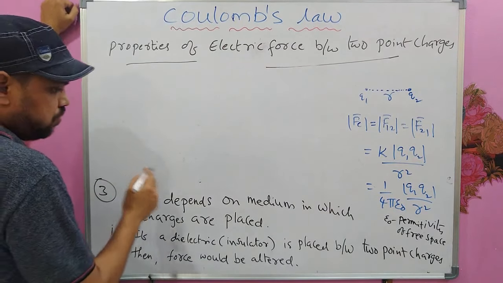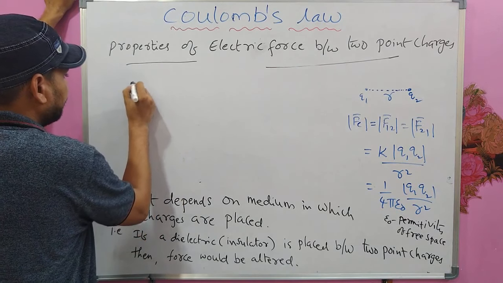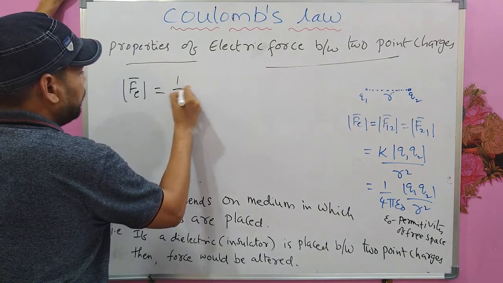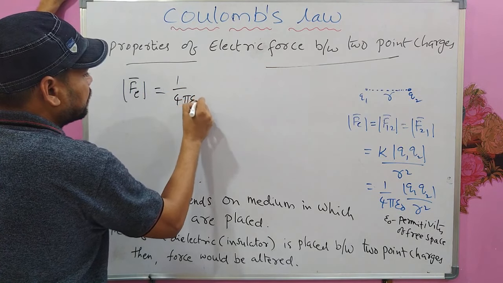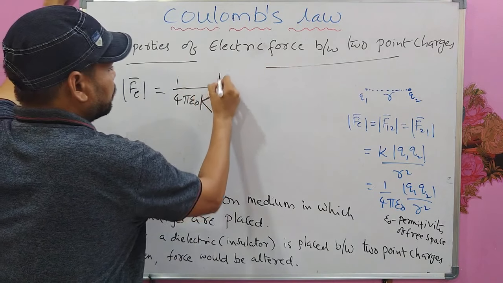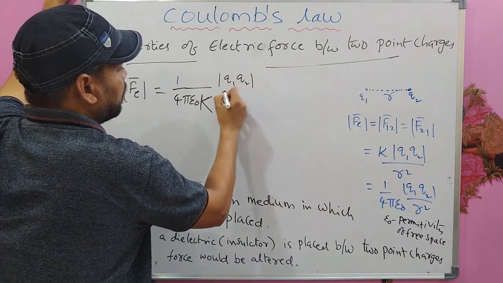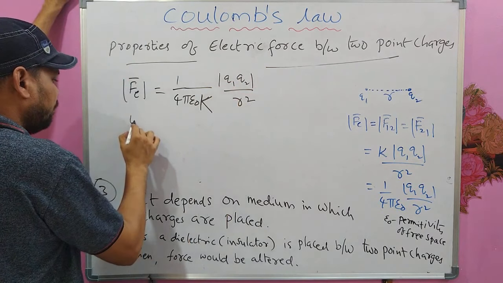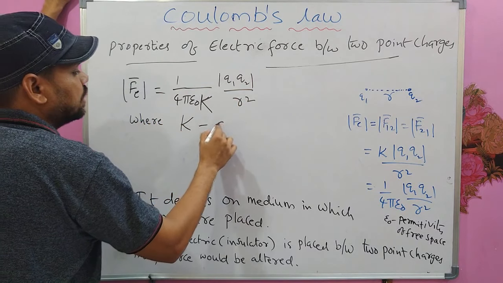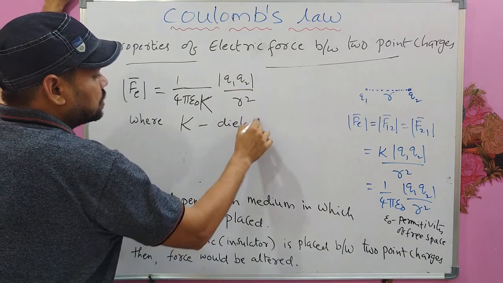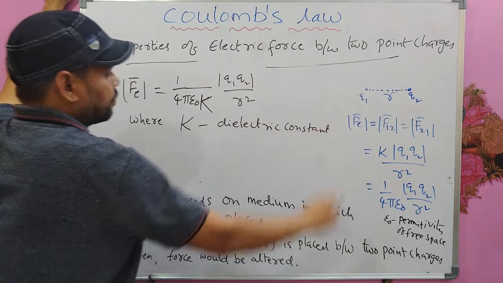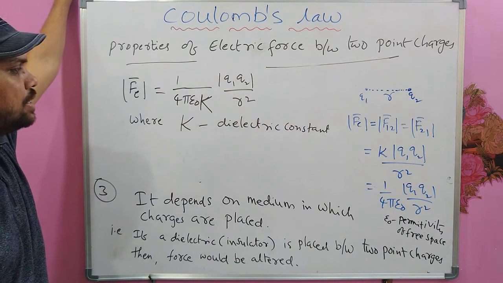Okay, so the force now would become like 1 by 4 pi epsilon naught K Q1 Q2 by R square, where this K is the dielectric constant.